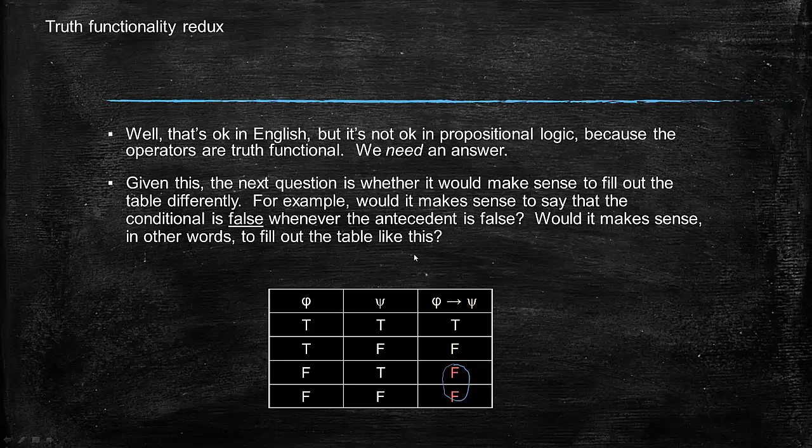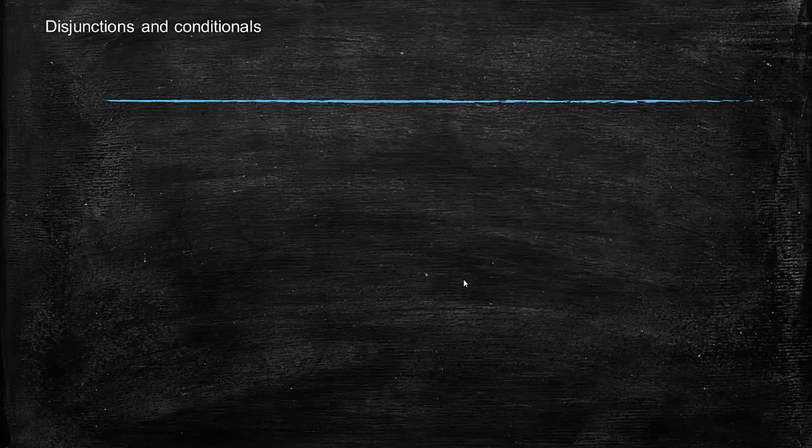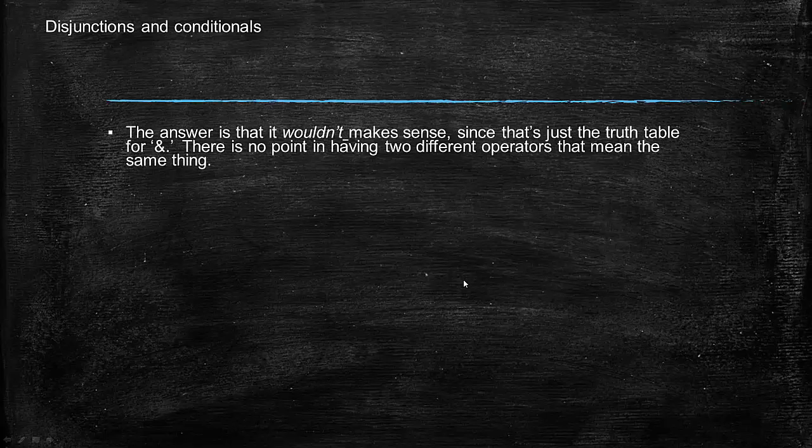Well, that's already the truth table for "and," right? And that doesn't get us anywhere. Why would we just make "if, then" and "and" mean the same thing? So that wouldn't make any sense since it's just the truth table for "and." There's no point in having two different operators that mean the same thing.